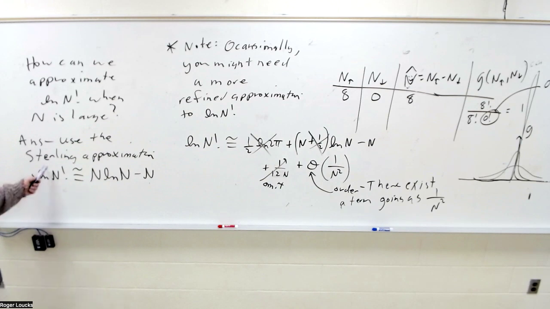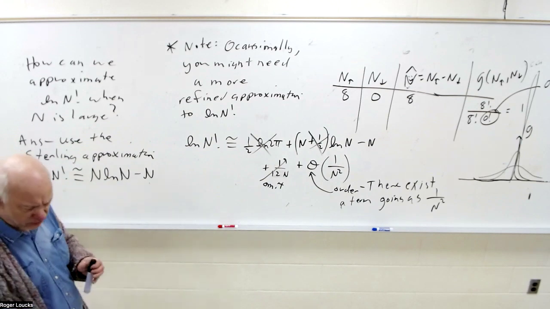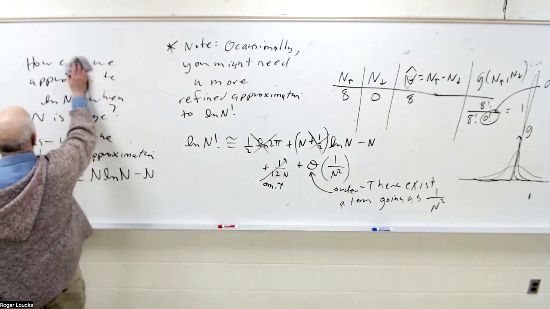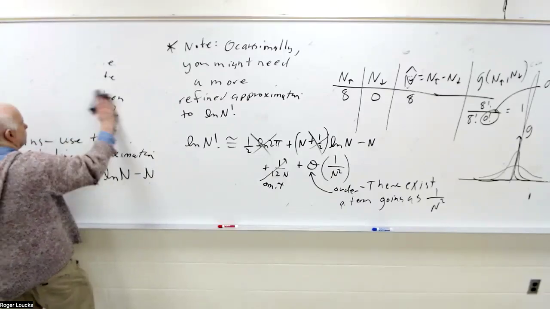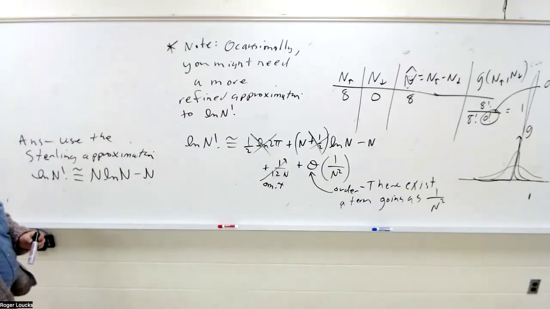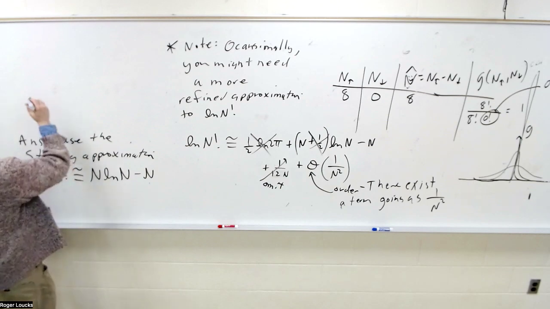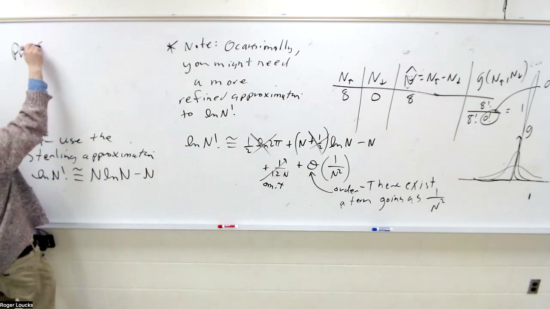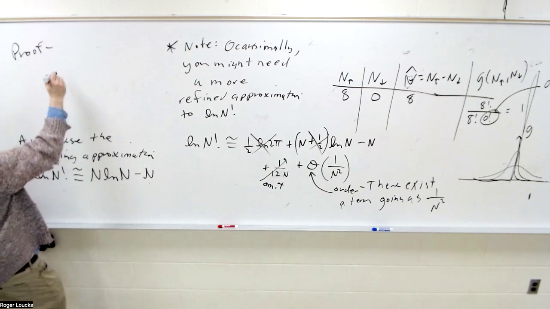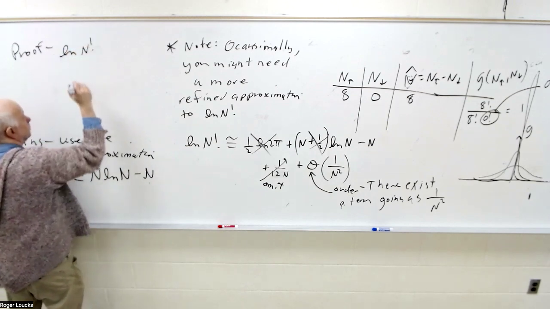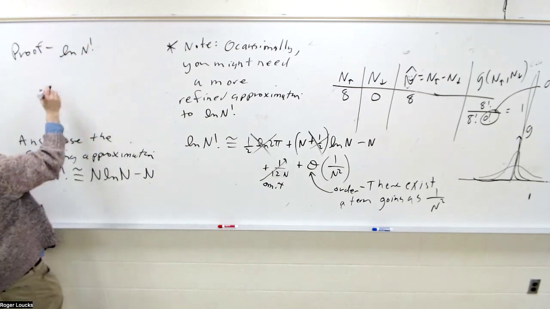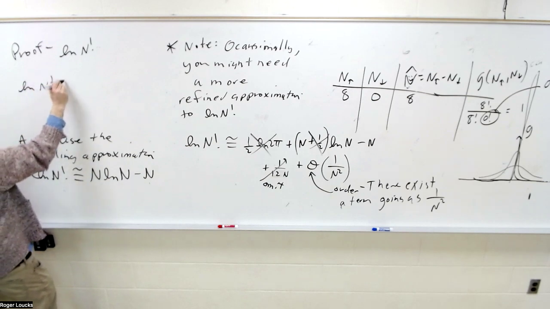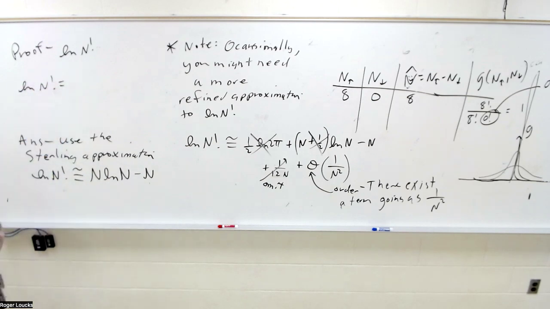Okay, I want to show you where this comes from because the proof is actually not hard. We have the ln of n factorial. So if I were to write this, how would I write that formally?